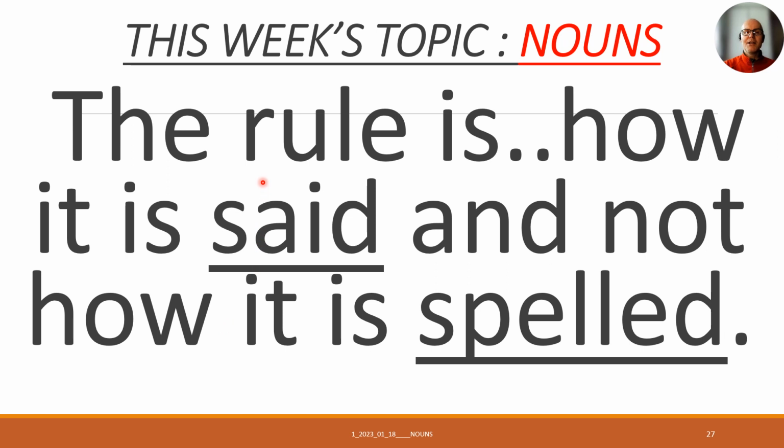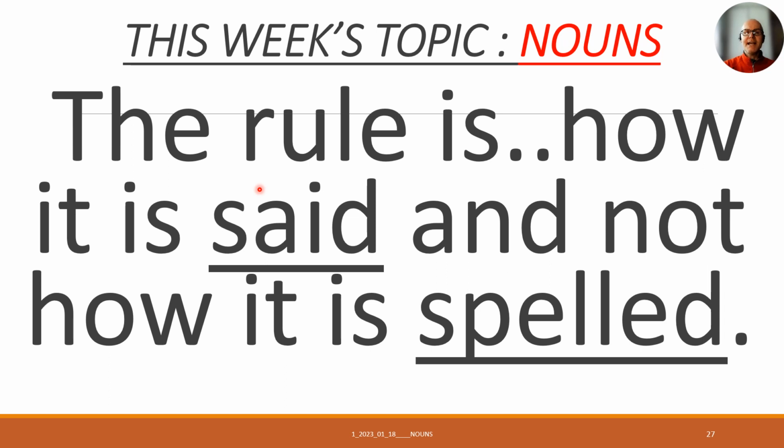So reminder, the rule is how the noun is said. How do you pronounce the first letter of the noun? Do you pronounce it like a vowel? If you do, irrespective of whether it's spelled beginning with a vowel, the article would be an.